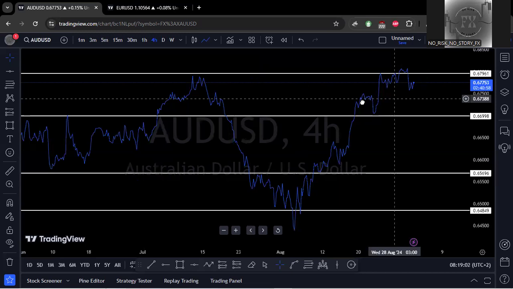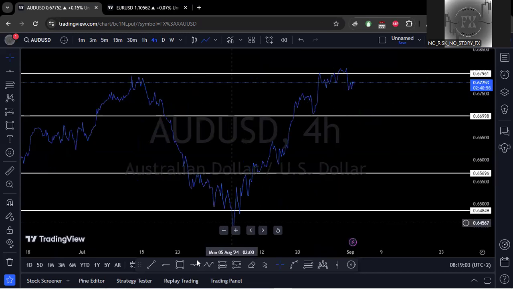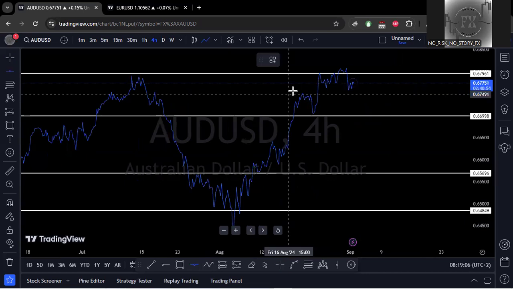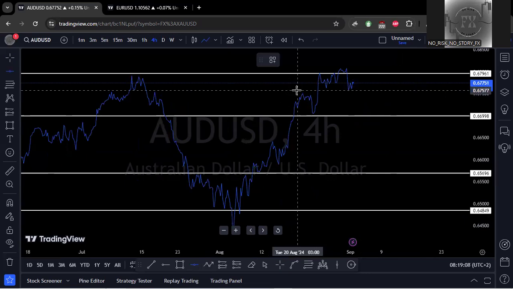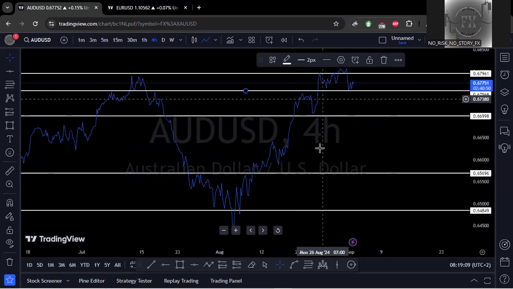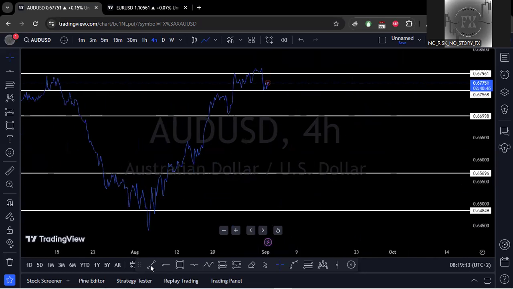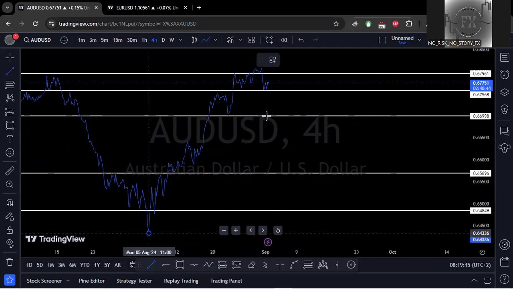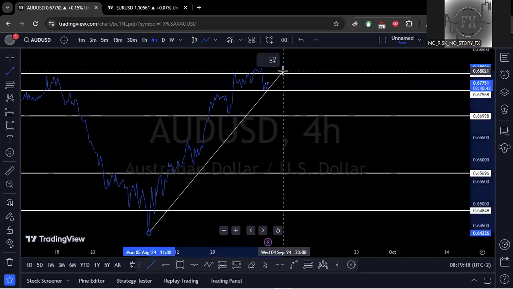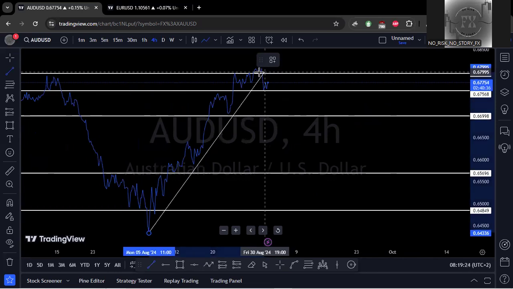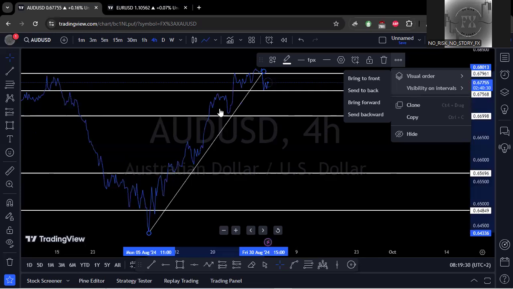Then I like to identify this new structure point here, and then I like to identify my trend here, of which I think this one makes more sense than the other one.